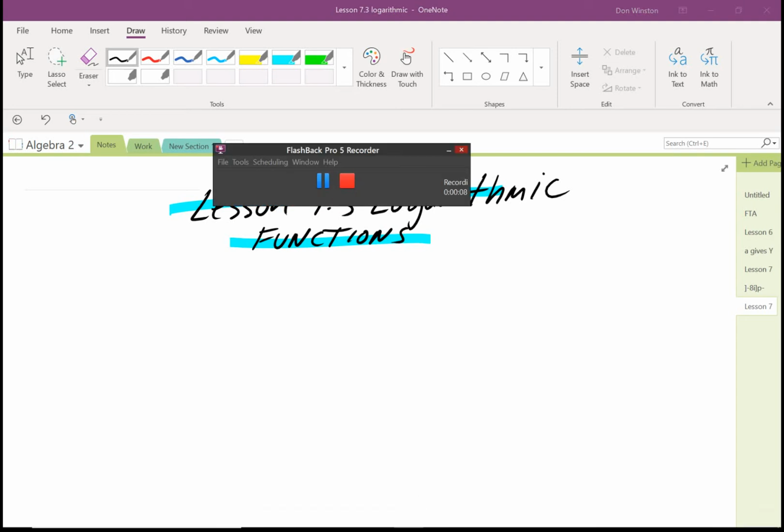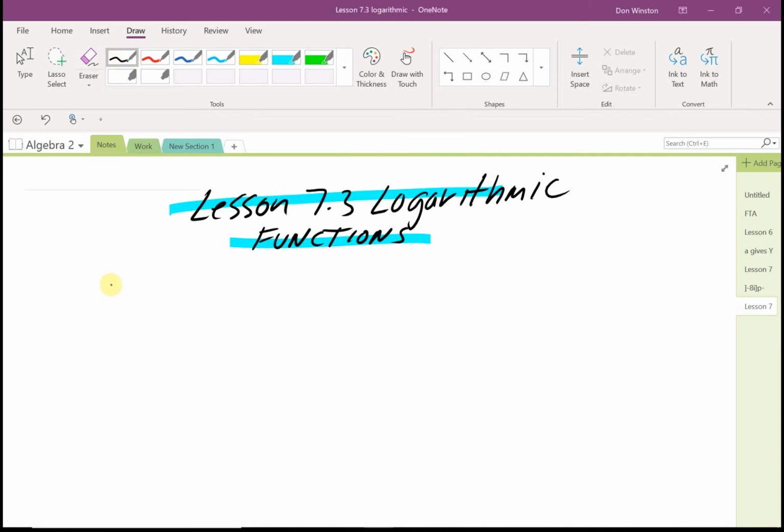Good evening, everybody. Just to review what we learned on Friday, we learned that the inverse of an exponential function like 10 raised to the x is a log function. So the inverse would be log base 10 of x.